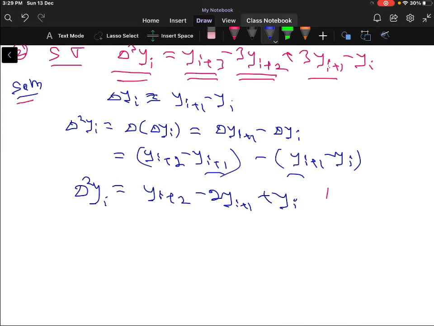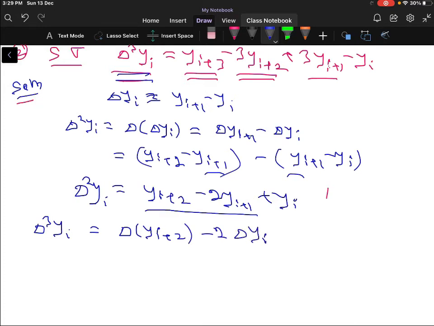Now similarly we can find delta cube yi. So you take delta on both sides for delta square yi. So delta cube yi is equal to, taking the delta on the RHS also, delta yi plus 2 minus 2 times delta yi plus 1 plus delta yi.